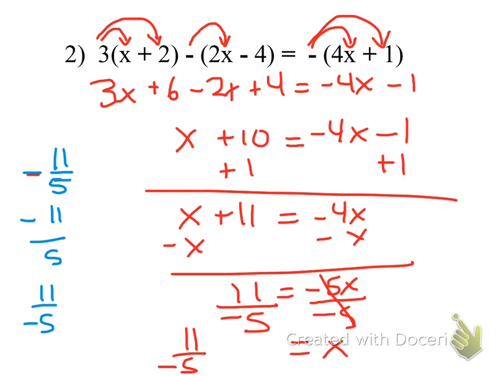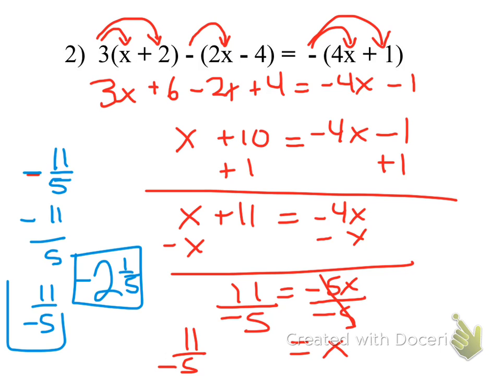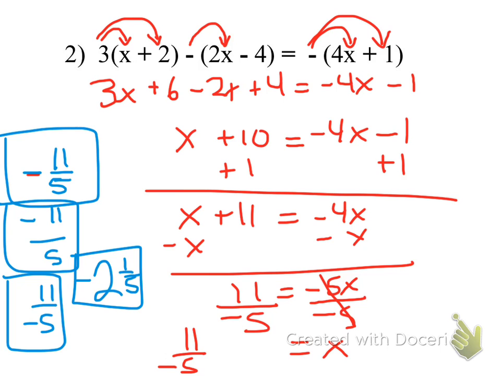And I can also turn it into a mixed number, which would be negative 2 and 1/5. It doesn't matter, as long as there's not two negatives in there. But with the mixed number, you can't put the negative on the 1 or the 5. Yeah, you really just keep it at the whole number, at the 2. Okay? All right.